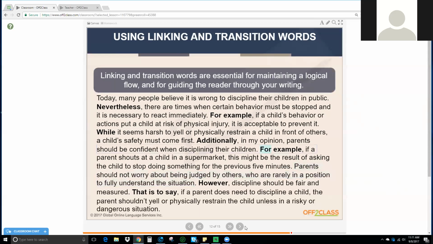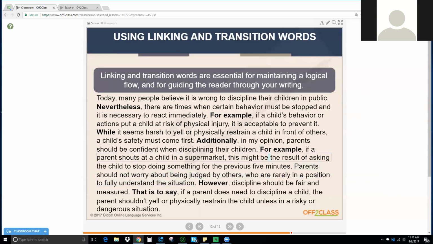Okay. So you don't need it for every single sentence if your second sentence is a continuation of the idea in the first sentence. So we have, for example, if a parent shouts at a child in a supermarket, this might be the result of asking the child to stop doing something for the previous 5 minutes.